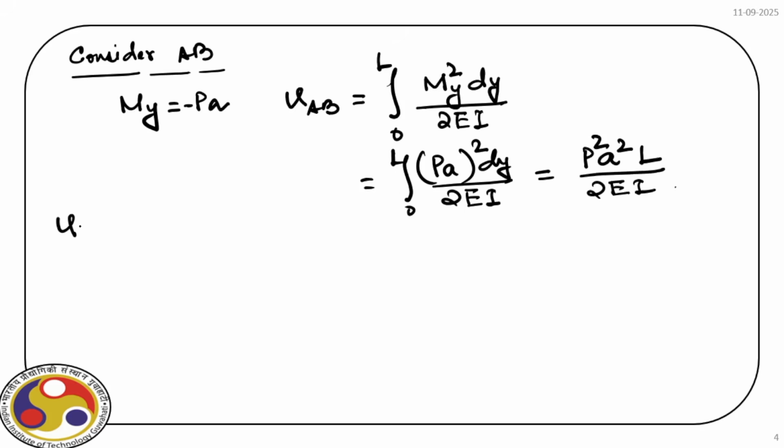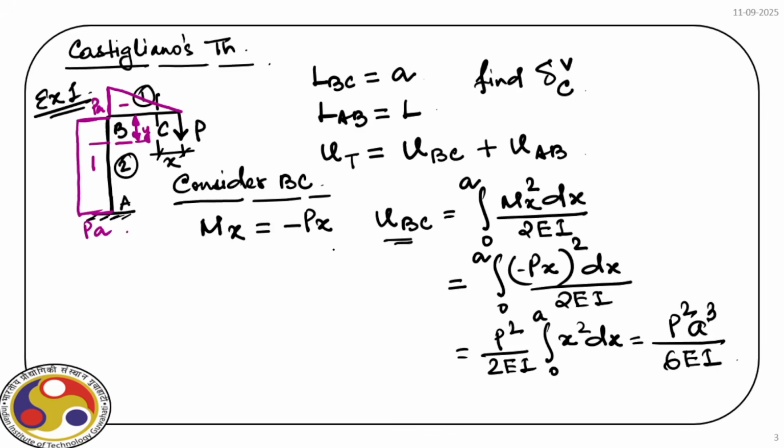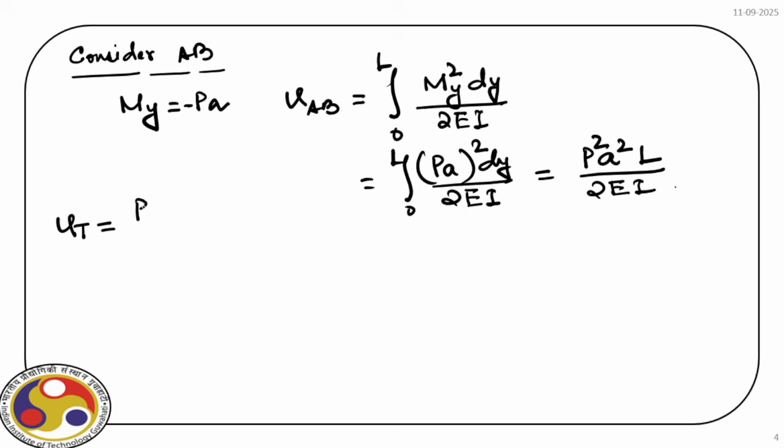So the total bending strain energy is the summation of the first part, which is having P square A cube divided by 6 EI, and for the second part, we have P square A square L divided by twice EI.